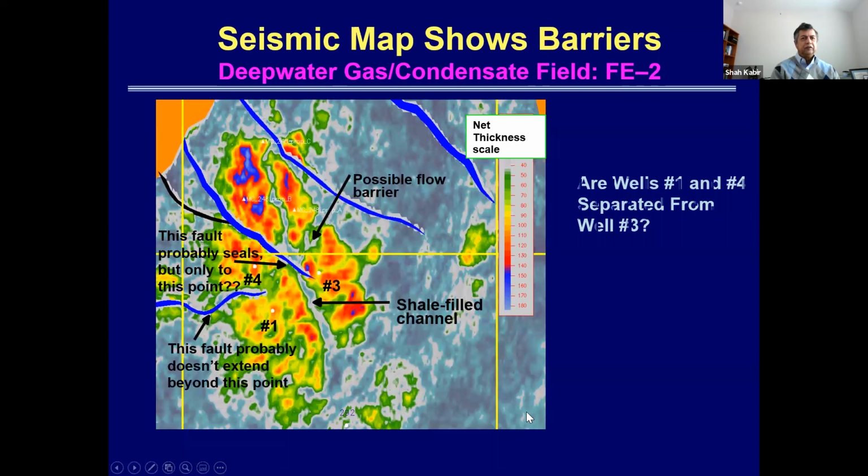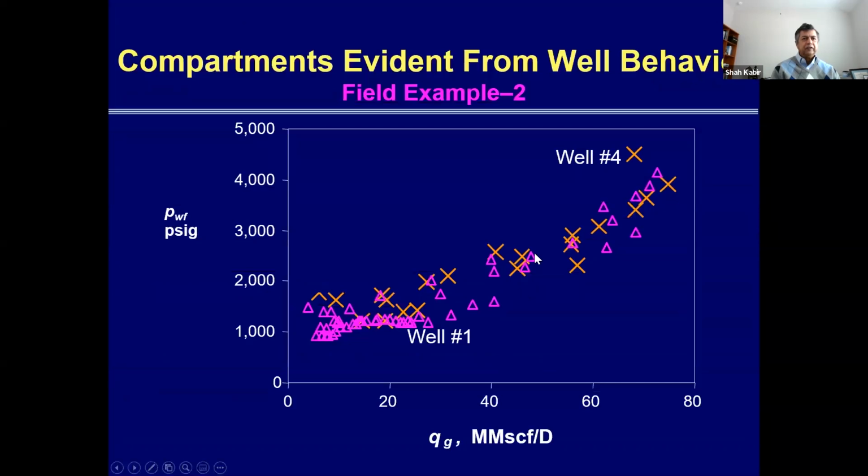Okay. So what we're trying to answer is, with these two wells, 1 and 4, are they in the same compartment? And where is well 3? Well 3 is on the right side, and 1 and 4 are on the left side. These are the two left side wells, 4 and 1, and as you can see, they're overlaying pretty well. Well 3 has another trajectory.